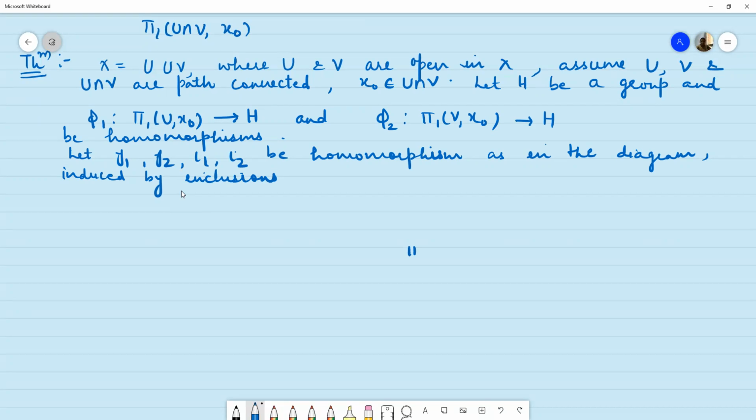Here we have pi1 of U intersection V x naught, pi1 U x naught, pi1 V x naught, this is group H, and pi1 X x naught.